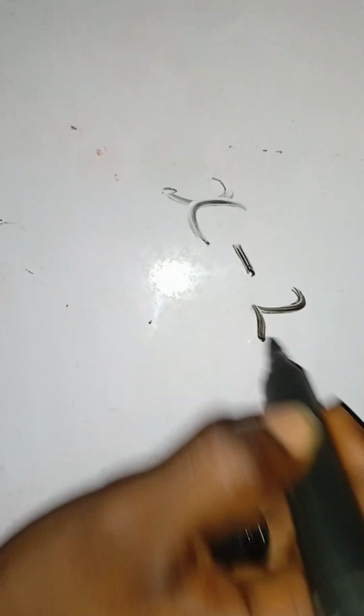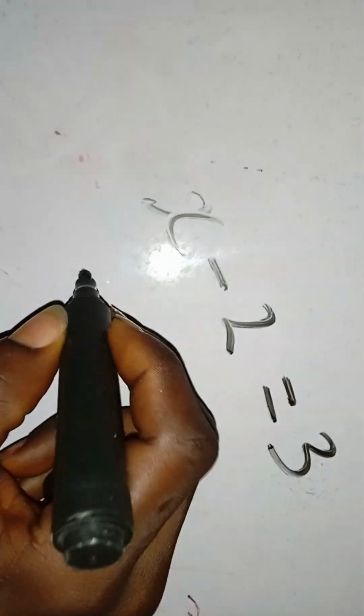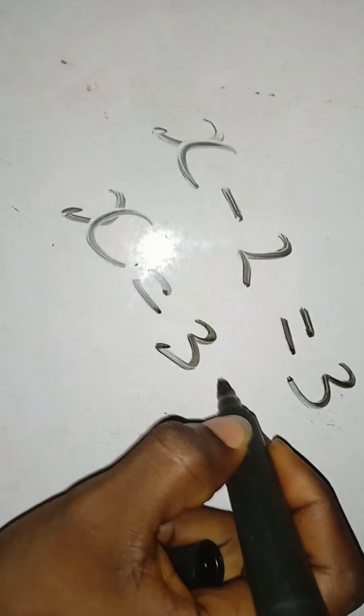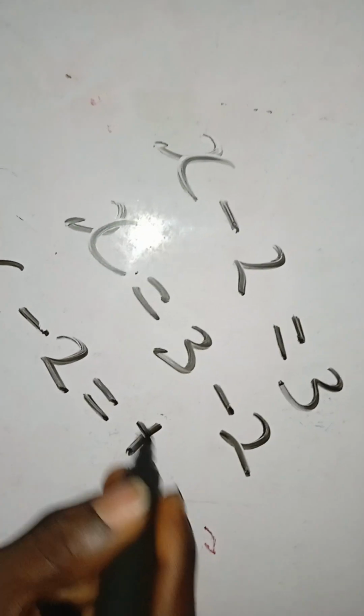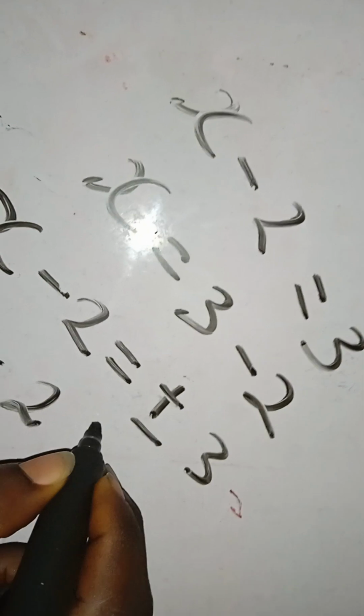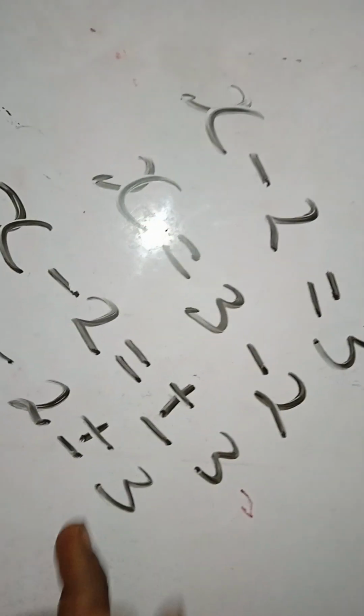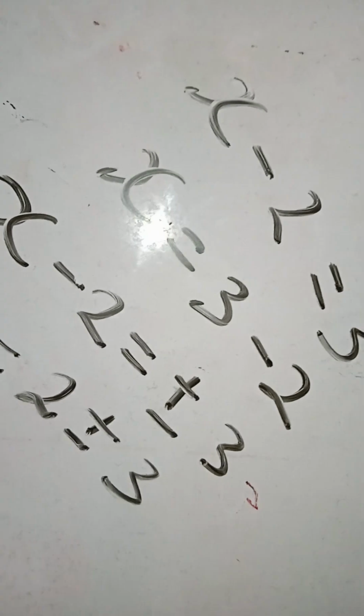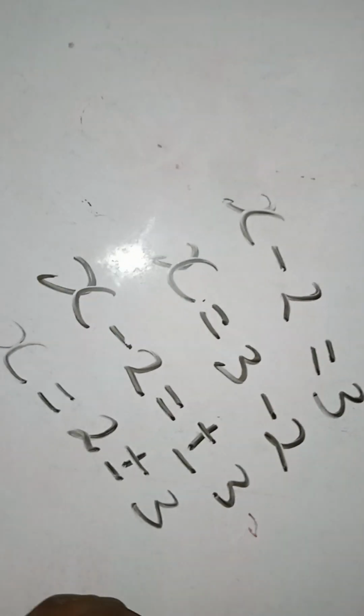If, for example, I have x minus 2 equals 3, this is the same thing as saying x equals 3 plus 2. But if I have x minus 2 equals plus or minus 3, in this case what I will have is x equals 2 plus or minus 3. So note it: once you have that plus or minus sign, the value will just be at the front, unlike the usual way you do it in mathematics.